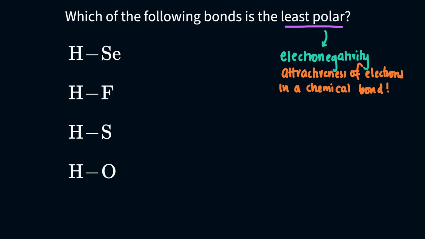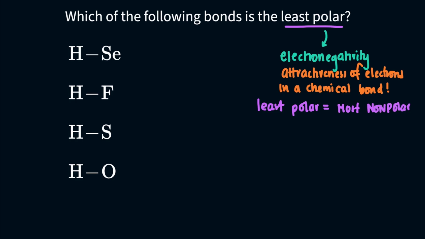If we want something to be the least polar, that means that we don't want any polarity. We don't want to be polar. Least polar would be basically most nonpolar. So you're either polar or you're nonpolar, basically.